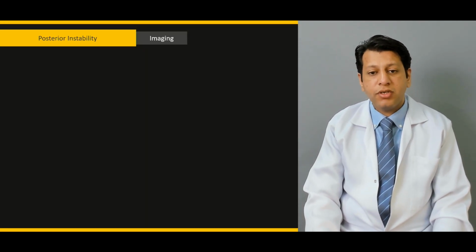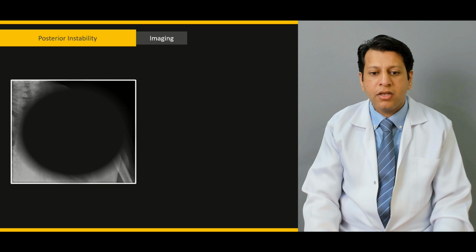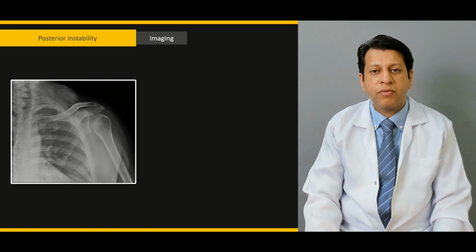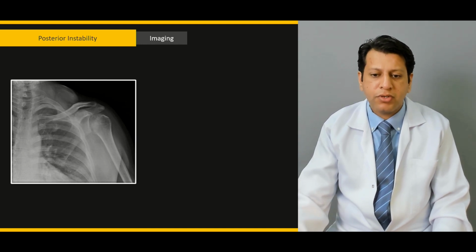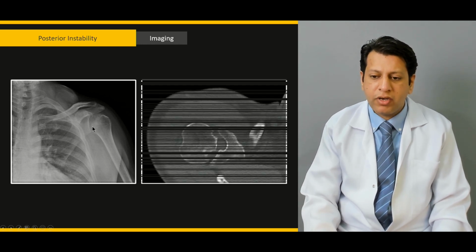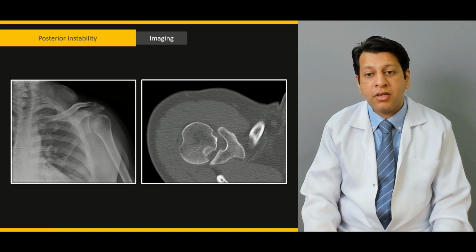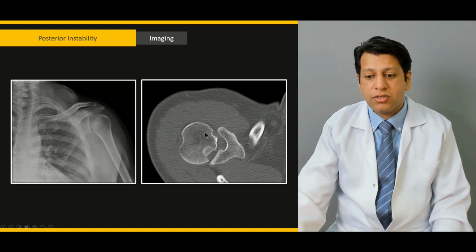Then comes the imaging for posterior instability. Usually X-rays show some form of subluxation. If you can appreciate it over here, probably only the increased retroversion of the humerus is visible, although no frank subluxation or dislocation is seen. But when you get a CT or MRI, this is the situation.